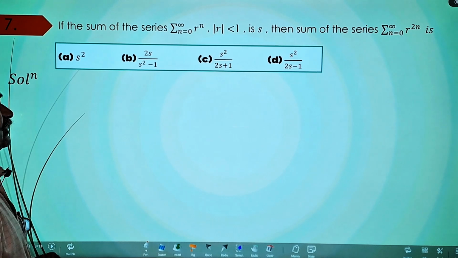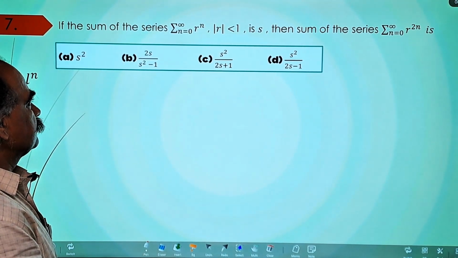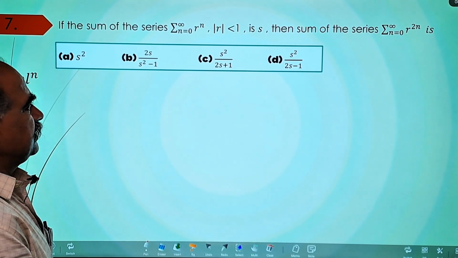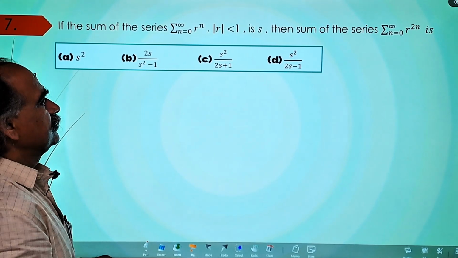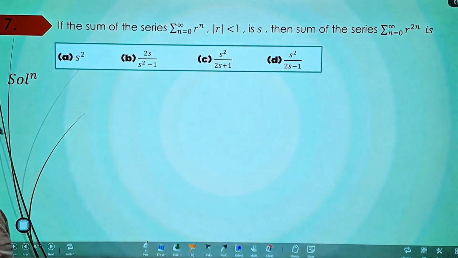If the sum of series sigma n takes value from 0 to infinity r raised to n, modulus r less than 1, is S. So this is infinite GP. Then the sum of series we have to find out is r raised to 2n. Look here.